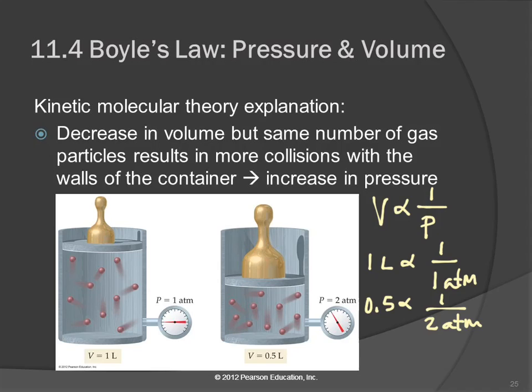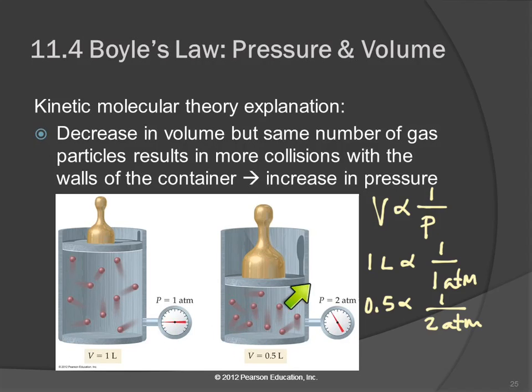So I skipped the explanation. What's going on here? Well, where does the pressure come from? The pressure comes from these particles hitting the walls. Pressure is the force with which they hit divided by the area. Well, here the surface area of the container is smaller. These particles have the same mass, and they're moving at the same speed because they have the same temperature.